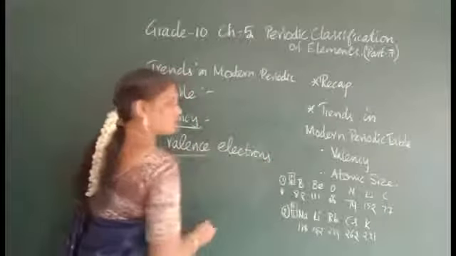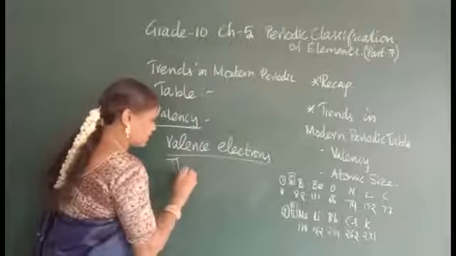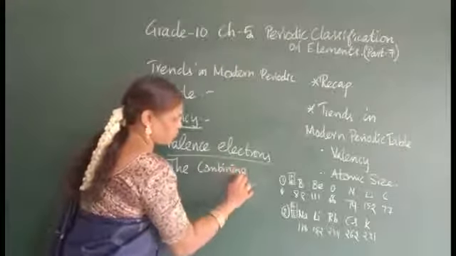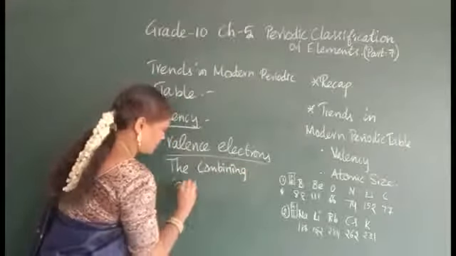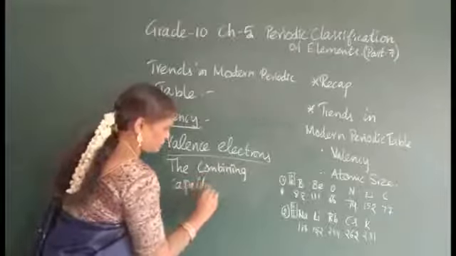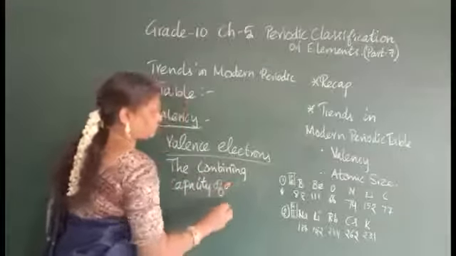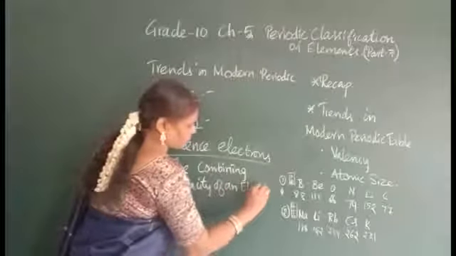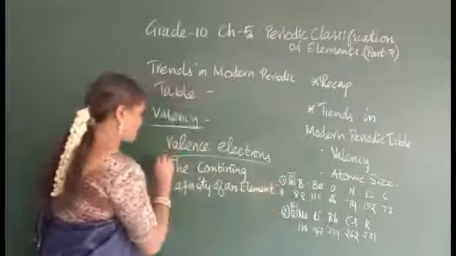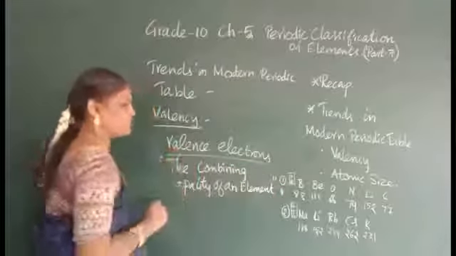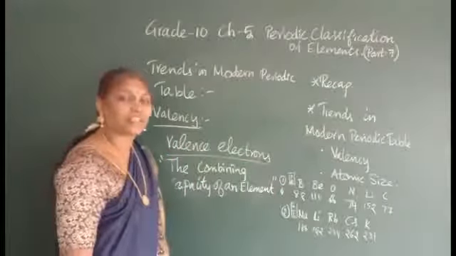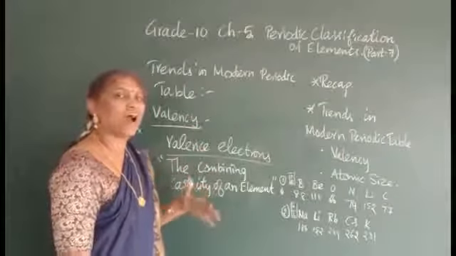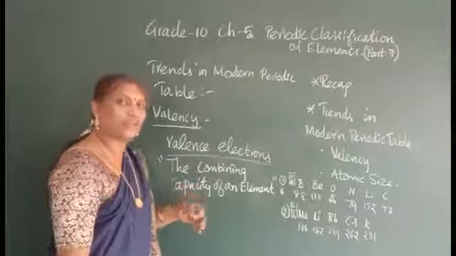Based on the valence electrons, the combining capacity of an element is called valency. Now we are going to see how valency varies in the period and group.